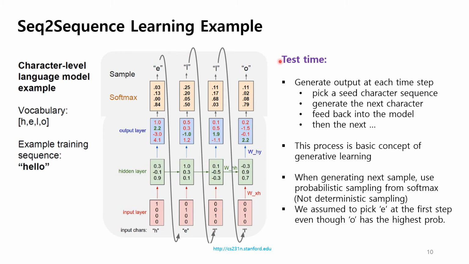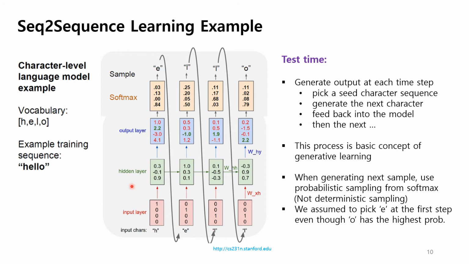But at test time, the previous value is the final hidden layer values after training is done.